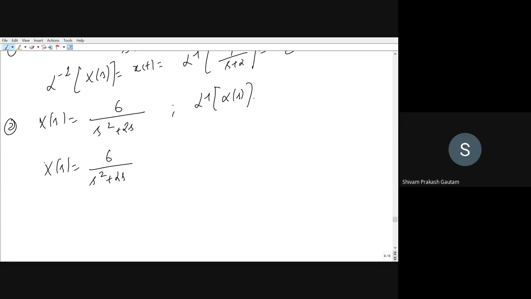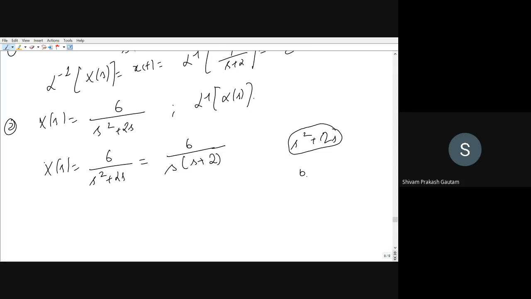If you recollect from our starting classes, you have to see in this problem whether this Laplace transform is in the format of the common signals that we have studied. Is there the Laplace transform of any common signal which results in s square plus 2s? Is there any signal? No, sir. Yeah. So what we will do, we will take s common from the denominator: 6 upon s into s plus 2, right?